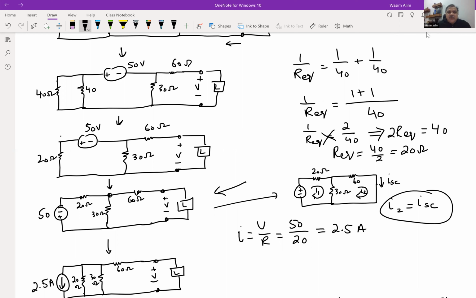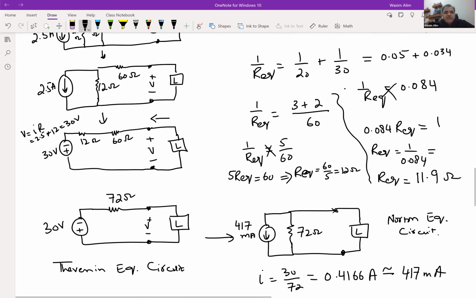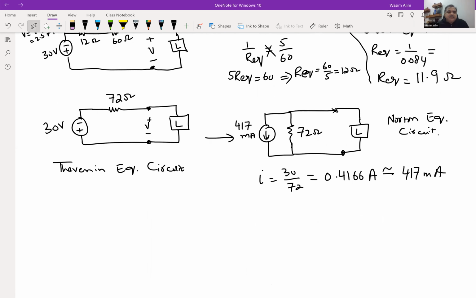Based on that, we can do the KCL at that node, and we can find these currents. Once we find those currents, you can find the V open circuit. And you have the I short circuit there, and based on those two relationships, you can find the Thevenin resistance. But my preferred technique for this particular problem is the source transformation method. Okay.